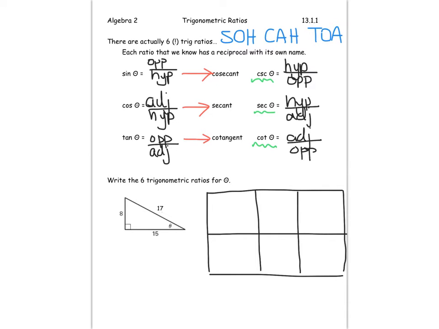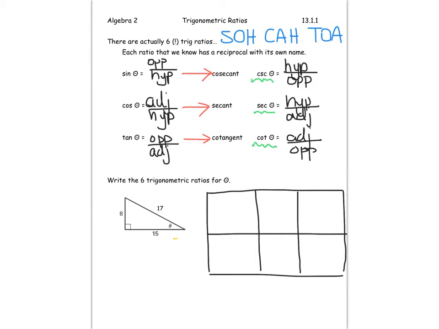So when you approach a triangle, you'll see some variable. This one says write the 6 trigonometric ratios for theta. That's how you say that, theta. Theta is just a Greek alphabet letter, and so it's just like any variable.